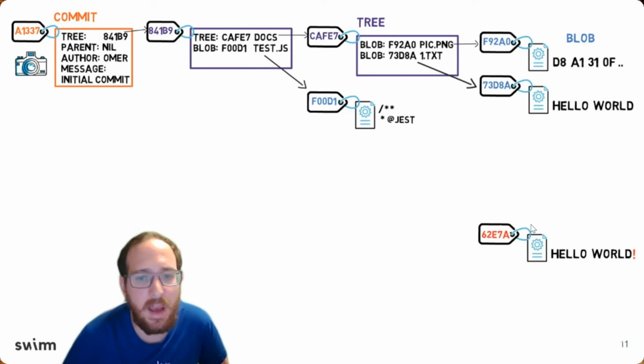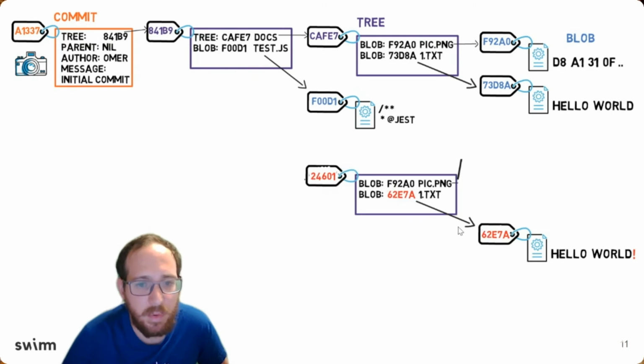So I have this file now with a different blob. But if this blob is different, then we would also need to update the tree object, right? Because the tree object references this blob. So this value here is going to change because it references the new blob. As a result, the SHA-1 value of the tree object also changes.